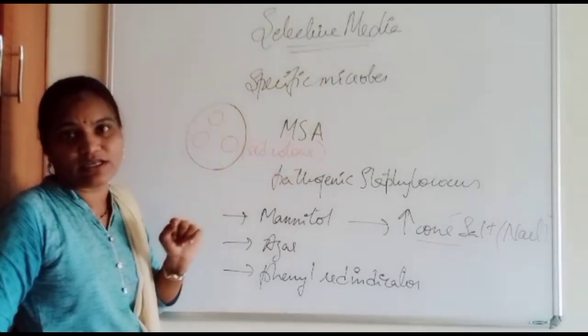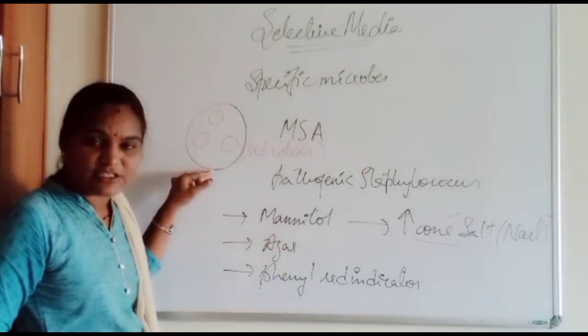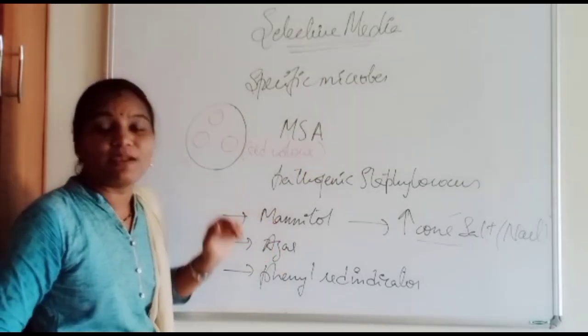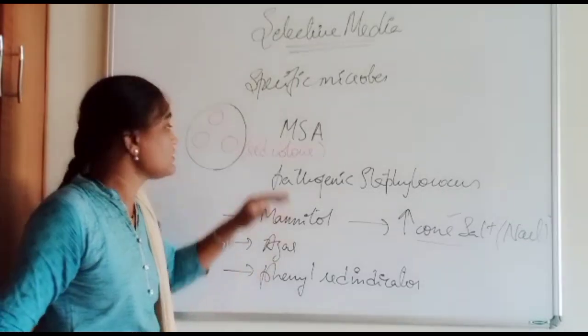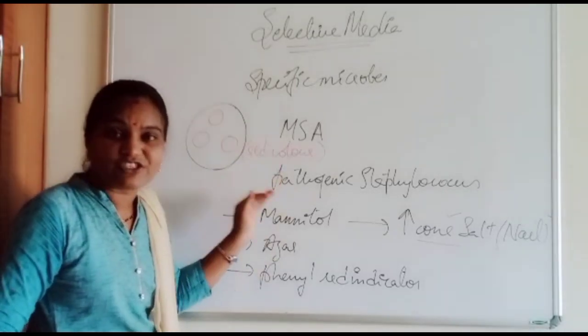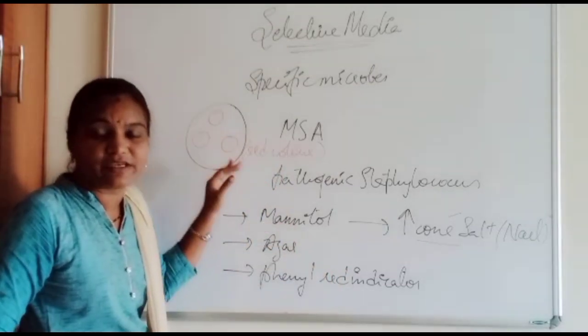Why is this yellow color observed? Because of the presence of mannitol in this culture media, the mannitol will be metabolized and fermented by Staphylococcus, and it will change the red color of the phenol red indicator present in the culture media into yellow.